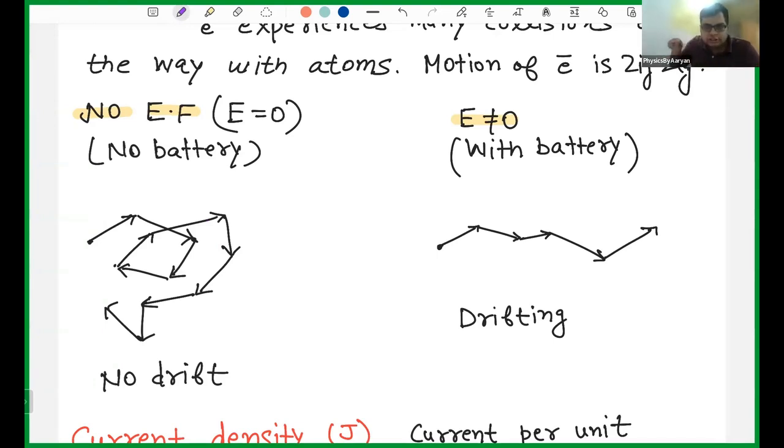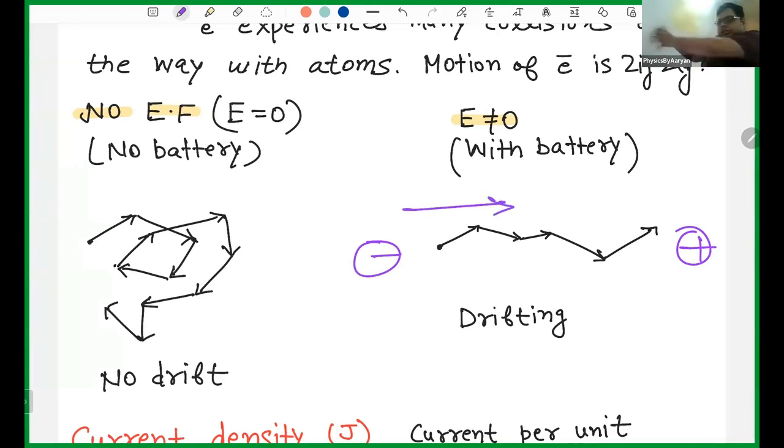Because of the collisions, it is not able to pass through this region and actually go from this position to that position. But now let's say I apply an electric field: on this side I apply negative, and on this side I apply positive. Now the electrons experience a pushing force in this direction. They are still colliding; you can clearly see the collisions are still there.